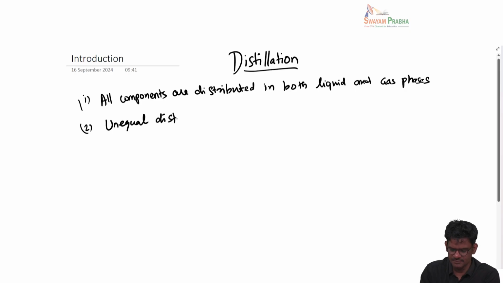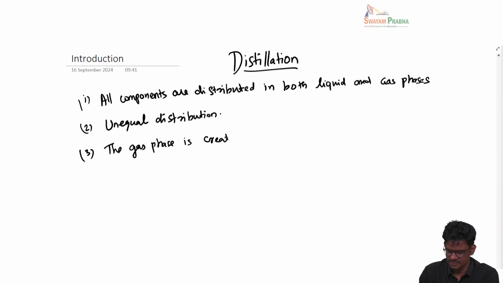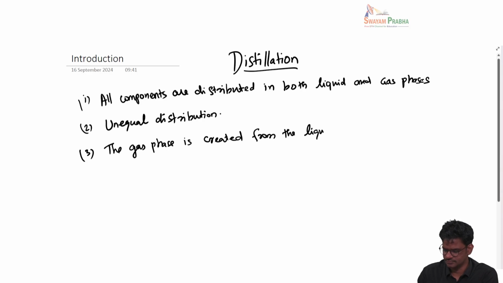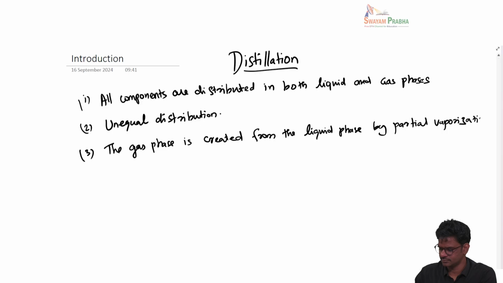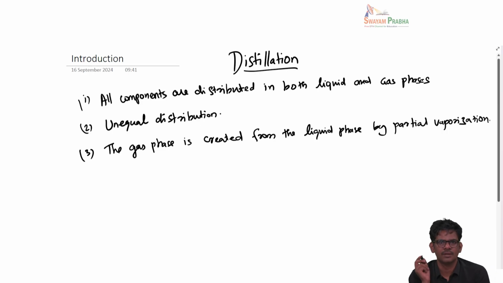Unequal distribution is the key. Third is, the gas phase is created from the liquid phase by partial vaporization. So, these are the characteristic features of distillation in comparison to, let us say, absorption or desorption.